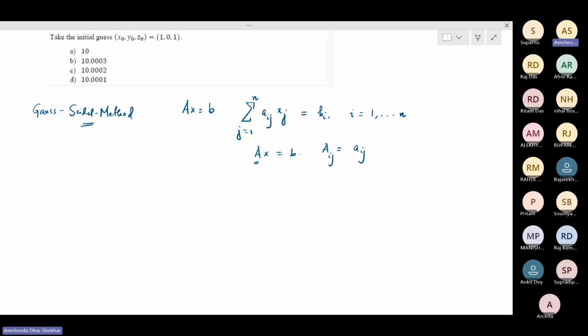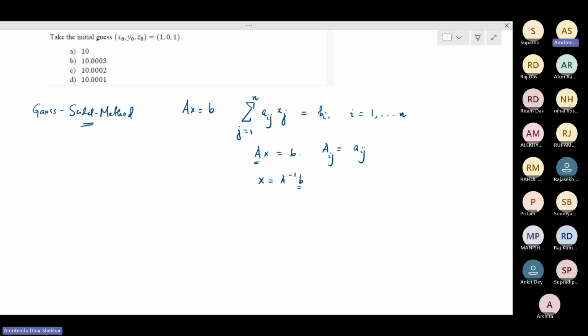But assume for now that A is in fact invertible, then your solution is basically equal to A inverse of b. So we actually have a closed form representation of the solution.